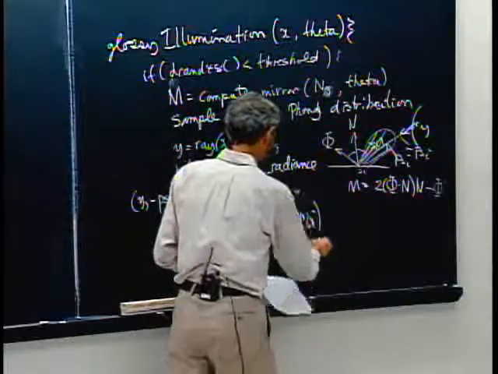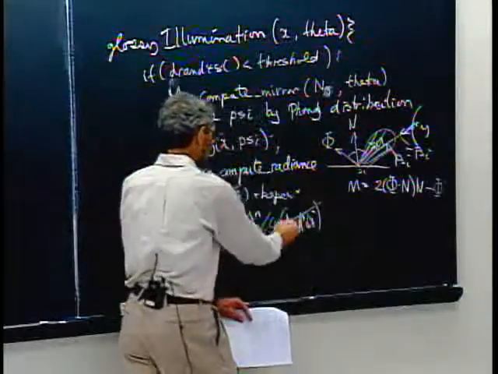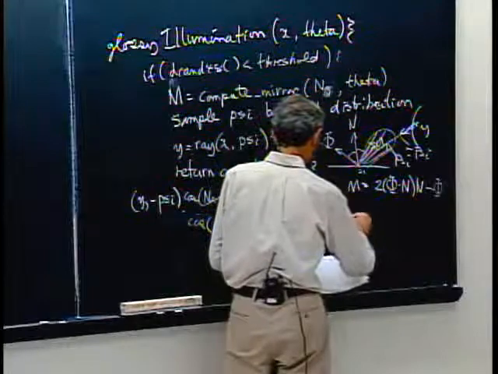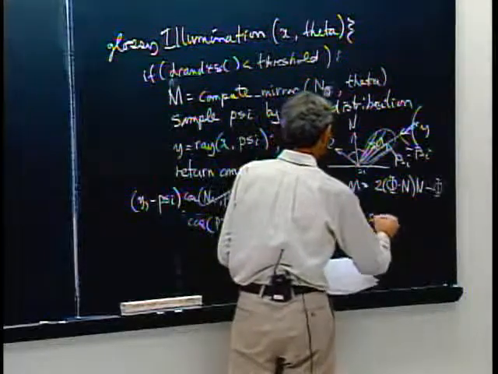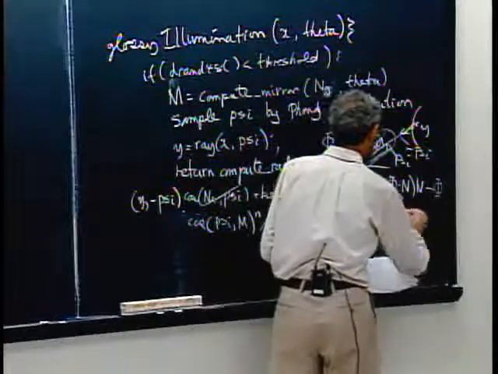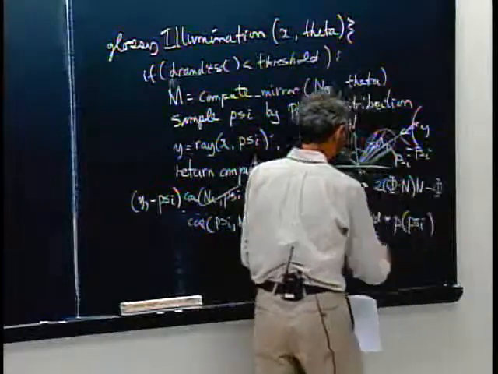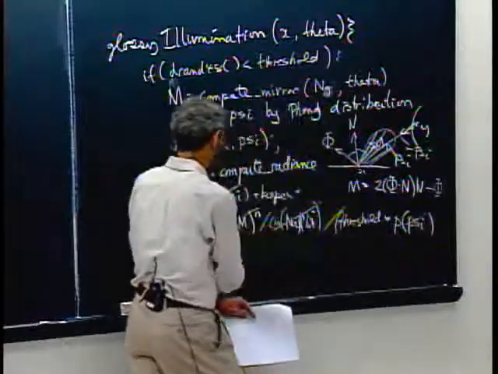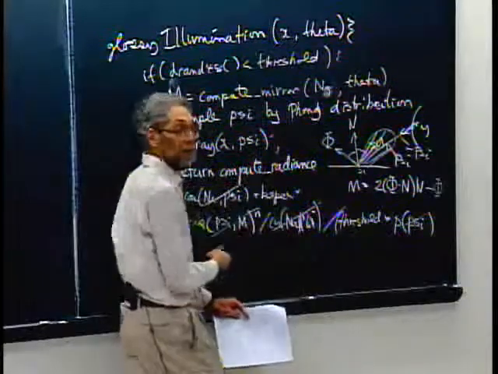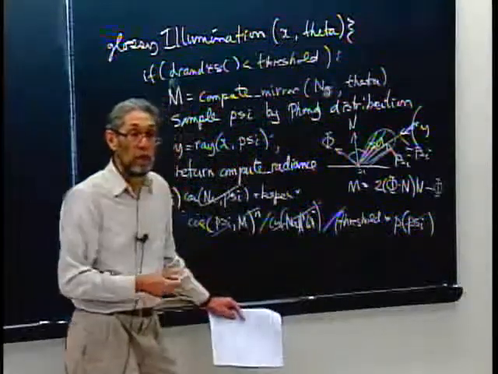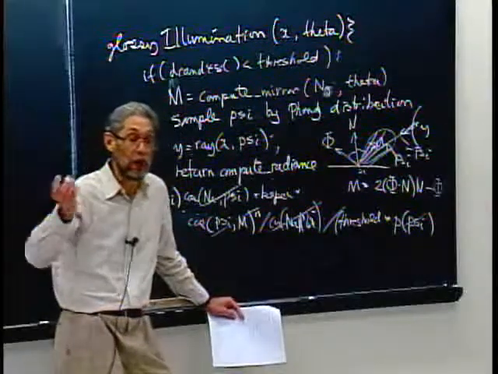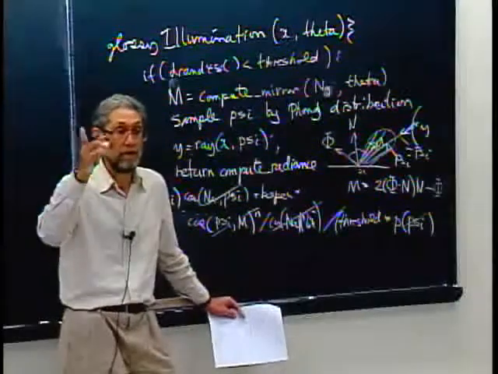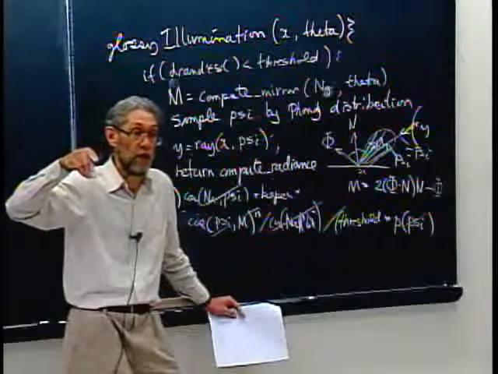This is the Phong formula form, and that cancels this one, and then we have to divide by the threshold times the probability of choosing psi. And the probability of choosing psi, since it was based on this probability, is going to cancel this term too. And that's what we'll have left then. Right? So it's just similar to what we did for diffuse rays, except we're not using the cosine distribution about the normal. It's the cosine to the nth distribution around the perfect mirror direction of your viewing ray.